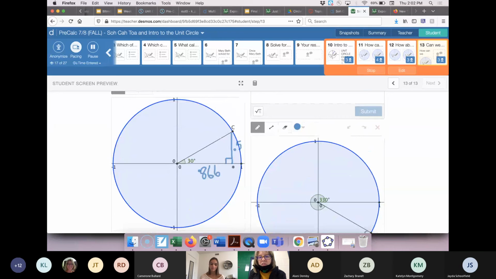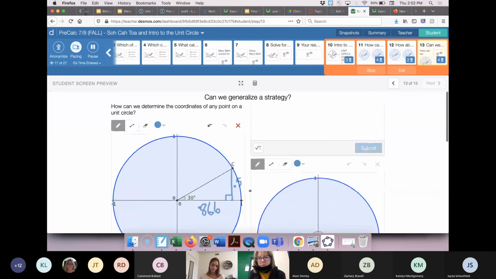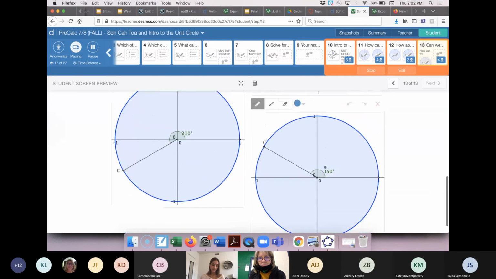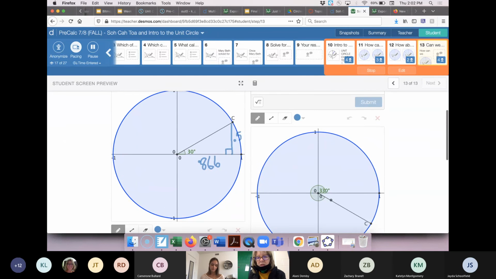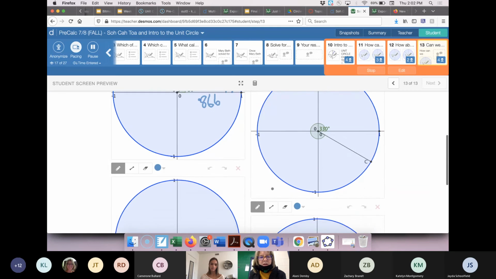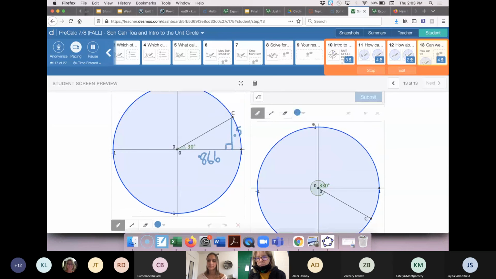For each of the remaining ones, I want you to really think about how this first triangle is going to help you find these others. What's the relationship between the one we already did and the ones we didn't do? Your goal is to figure out the coordinates of point C on each of the other remaining circles.